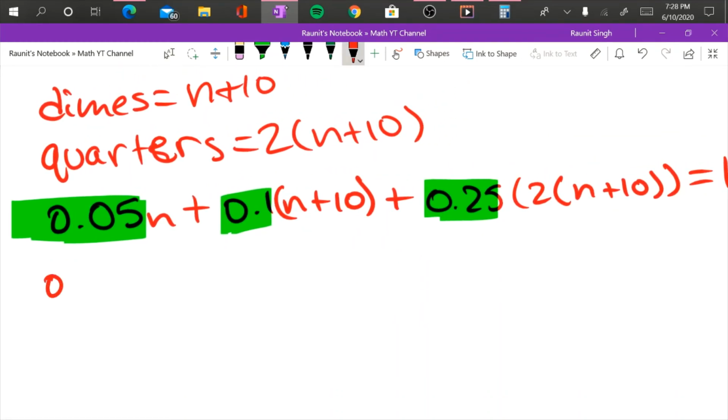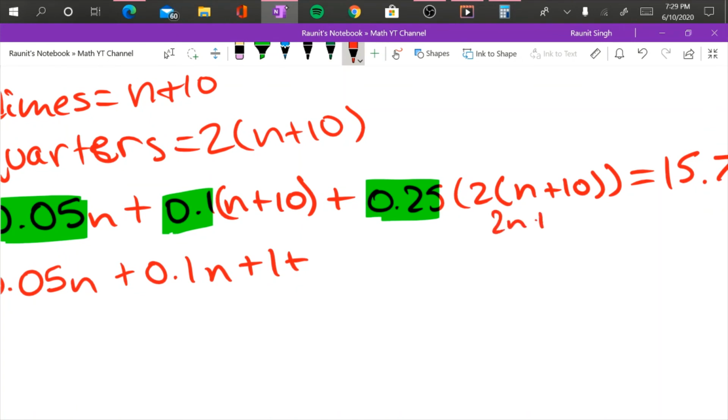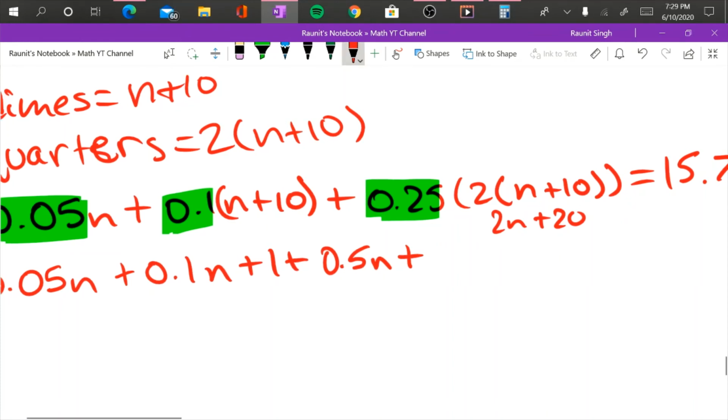So we get 0.05n over here, plus 0.1n over here, plus 1, since 0.1 times 10 is 1. Then 0.25 times 2 is 0.5n, and then 0.5 times 20 gives us 5, since we have a 0 at the end of 20.